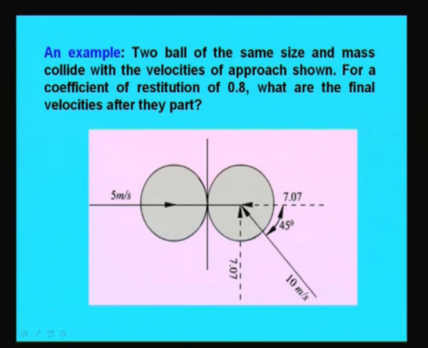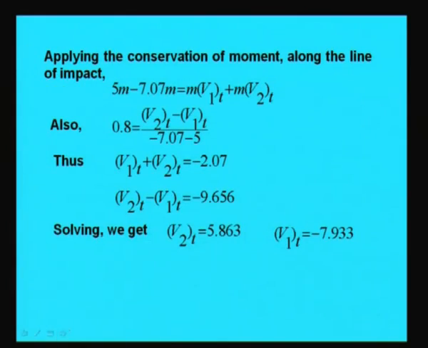The normal component is 7.07 meters per second, and the tangential component is also 7.07 meters per second. Then you apply the conservation of momentum along the line of impact.